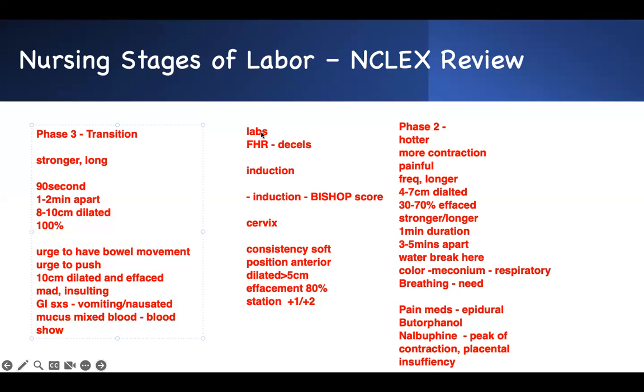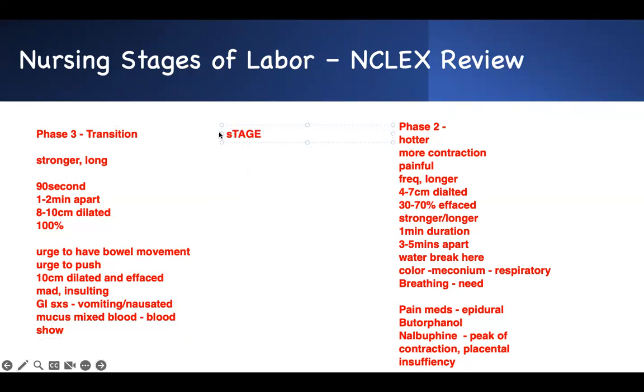And then we go to stage 2. We finish stage 1. Now we go to stage 2. In stage 2, you see now they have the urge to have a bowel movement. The urge is even stronger, the urge to push. But you have to make sure what the stage is.